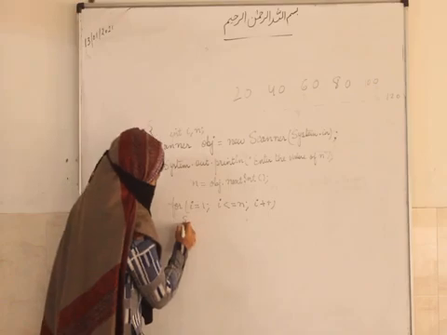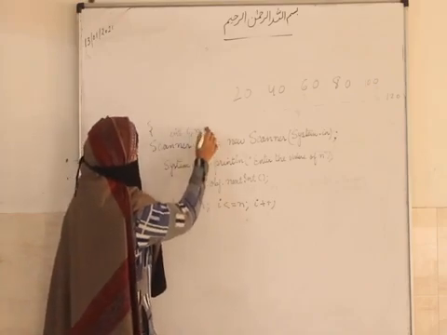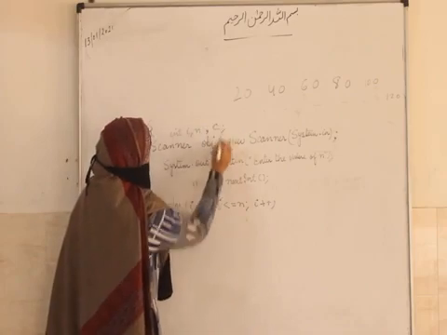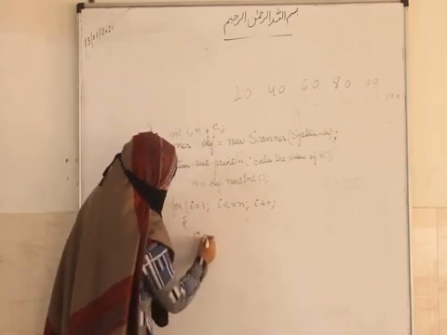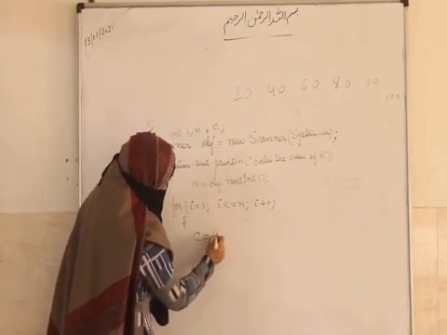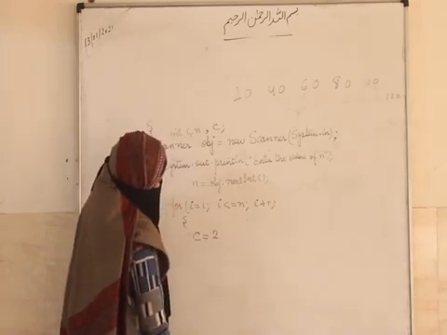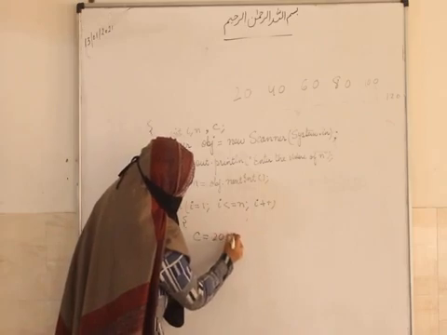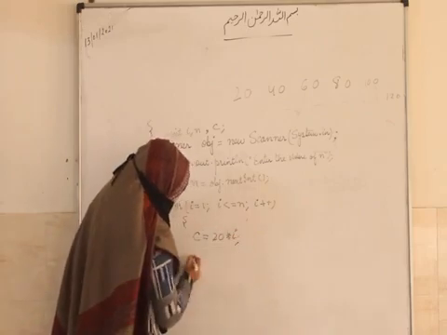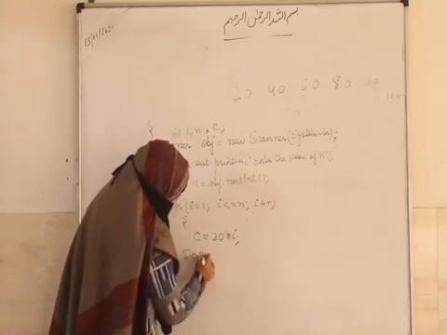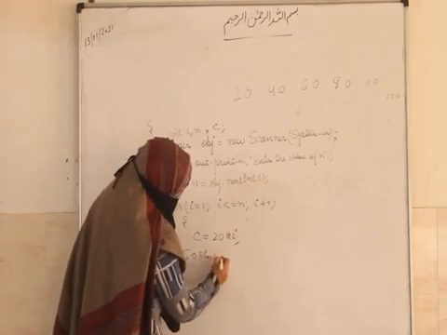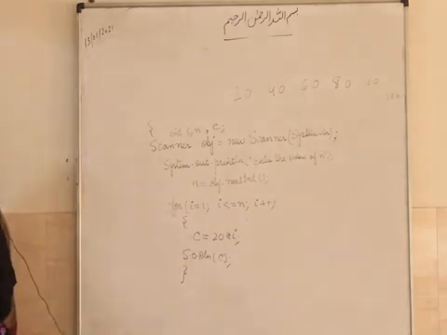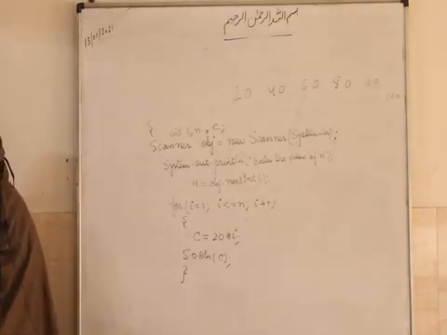So let us write another variable here, suppose C. For every iteration we will write C equal to 20 into I. Is it right?